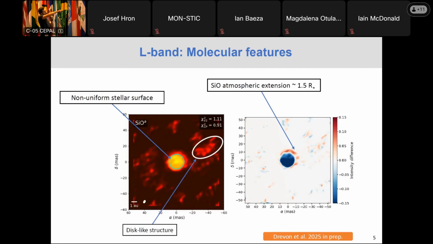We see a disk-like structure at the exact position where the binary is supposed to be. And if you subtract the continuum from the SiO image, you have this image, and you see clearly that the atmospheric SiO extension up to 1.5 stellar radii is also shaped in the direction of the binary.